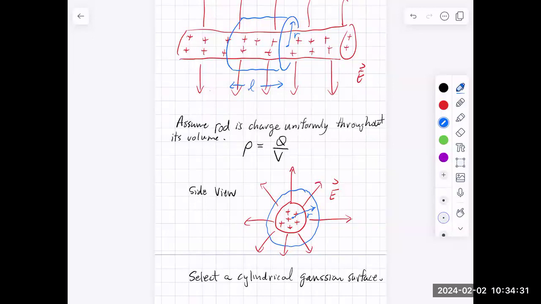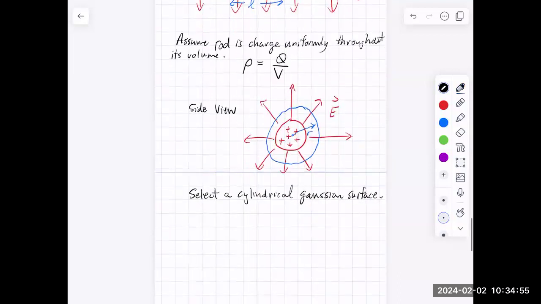How many electric field lines pass through one of the side surfaces? The electric field is exactly parallel to the side surface, so none of the lines actually pass through that piece of surface, and so they don't contribute any electric flux.